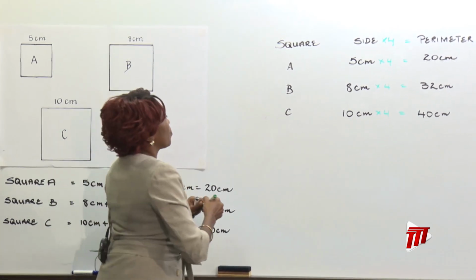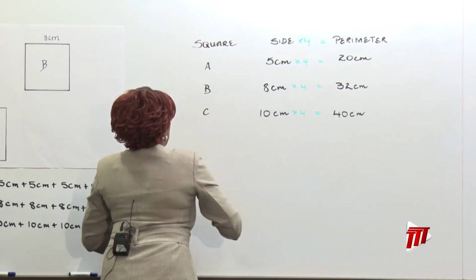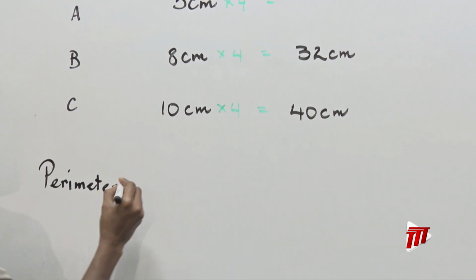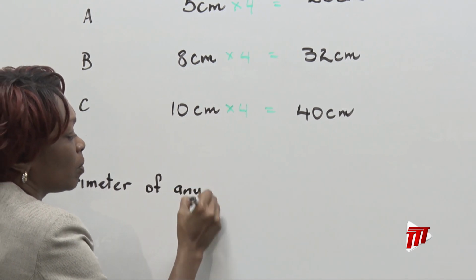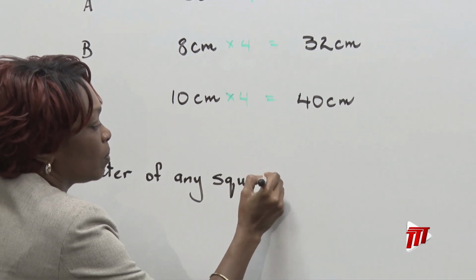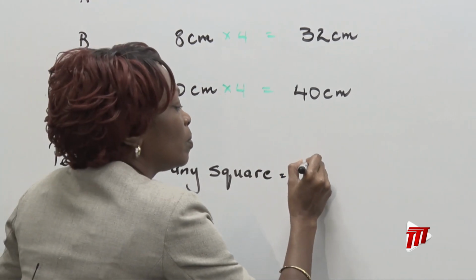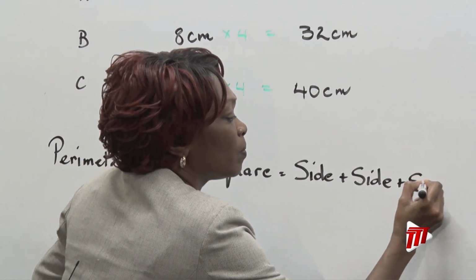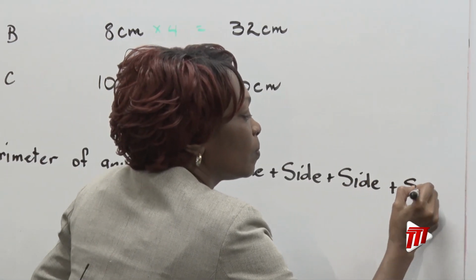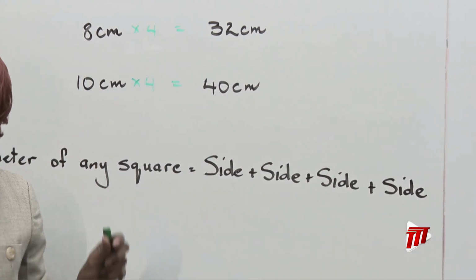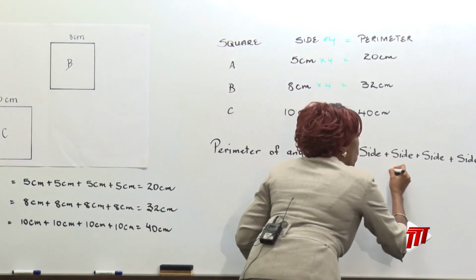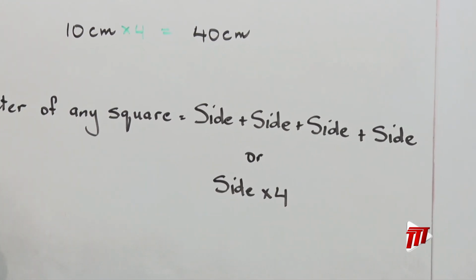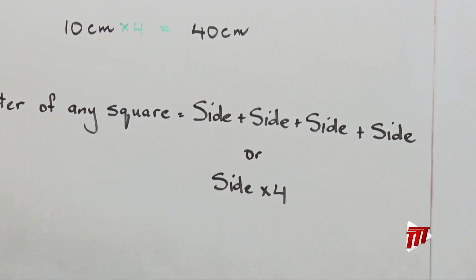Let's write it down now. As I said, side add side add side add side, or side multiplied by 4. Remember, children, either one can be applied.